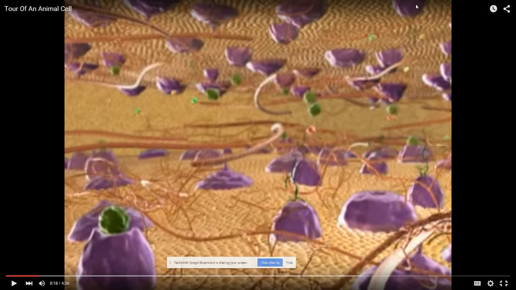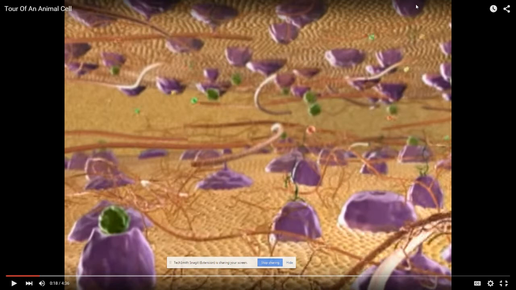If the yellow or brownish are the phospholipid bilayers, what are all these purple things? Not ribosomes. Ribosomes are going to be inside. Carbohydrates could be these little chains coming off. The purple is given away with the P.